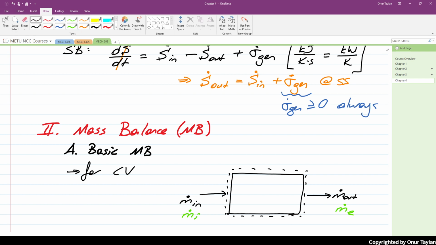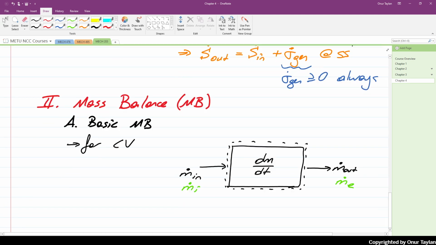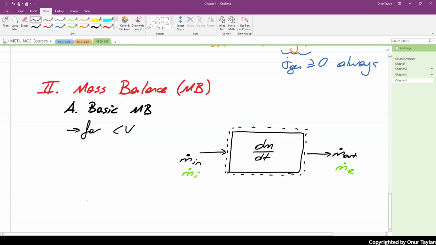So we have the incoming mass and the outgoing mass. What we are interested in is what happens to the change of mass of the system, meaning within the system boundary, with time. Therefore, the change of the mass of the system with respect to time is equal to m dot in, how much mass enters, minus m dot out, how much mass leaves the system.